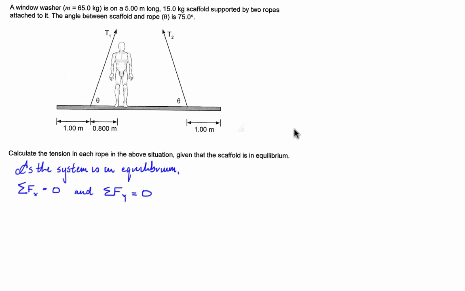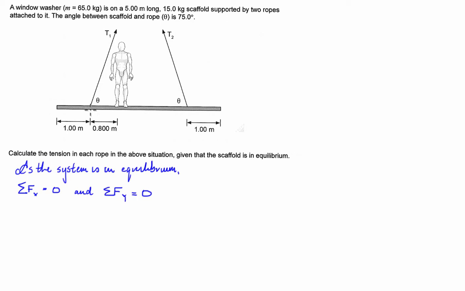What I mean by that, guys, is we could theoretically take our point of rotation, or the point which we want to pivot about, anywhere along this particular scaffold. However, there are some points which make our calculations easier than others. What I think is a good rule of thumb in these sorts of exam questions is to take the pivot about one of the wires.